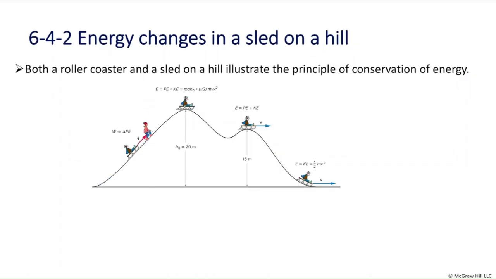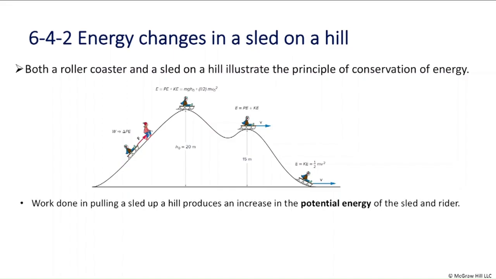Now let's look at an example of energy conservation. Think about a roller coaster or a sled on a hill. Both follow the same principle. So if you pull the sled of your friend to the top of the hill, you are doing work. Why? Because you are applying a force to pull and the distance is changing.